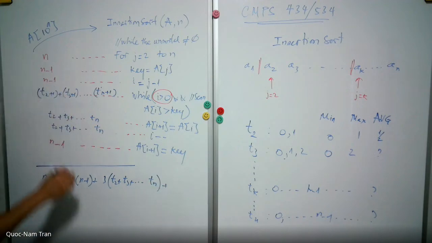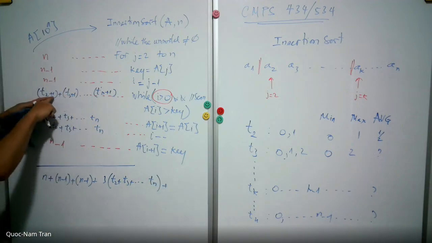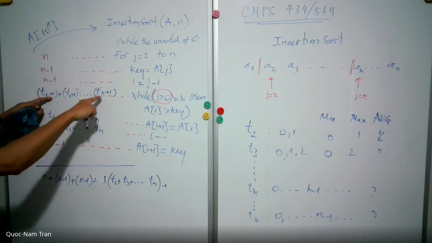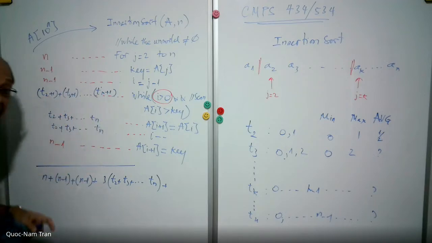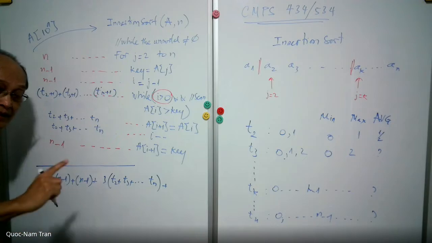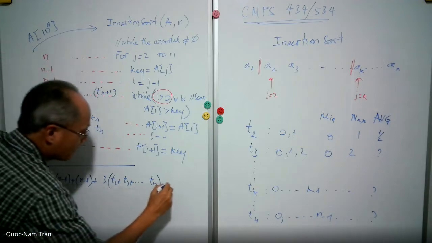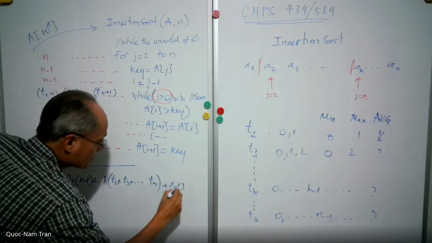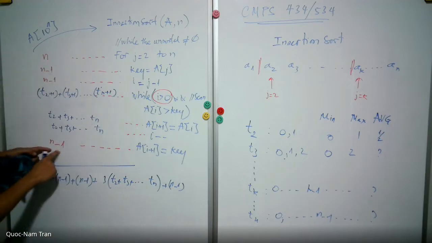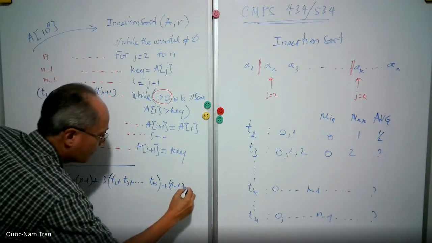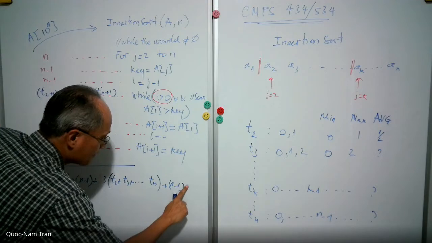Plus, okay, here we have 1 plus 1 plus 1 plus 1. How many times? n minus 1 times, right? So that is n minus 1, plus n minus 1 from here, 2 times n minus 1.